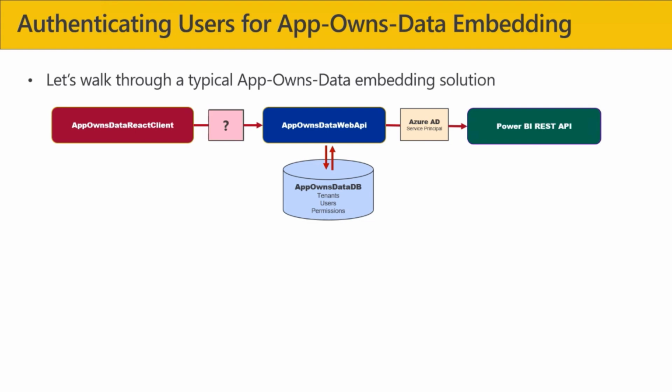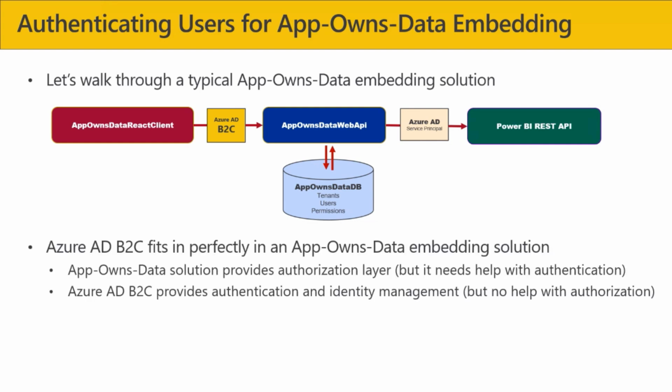But what if you get to this point and you want app owns data, but you're not sure what to use, and you're kind of looking and starting to investigate different identity providers? That's where Azure AD B2C becomes a really good fit. So what we'll see is that Azure AD B2C fits in perfectly with an app owns data solution. Because ultimately, with an app owns data solution, you basically need to implement the authorization layer.